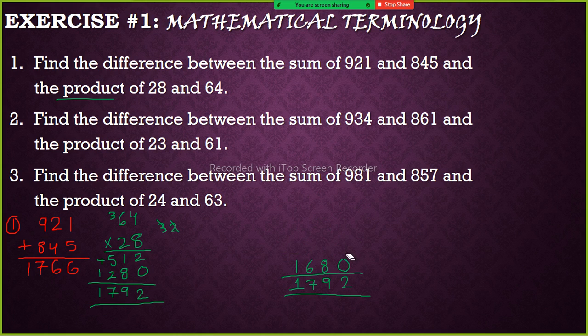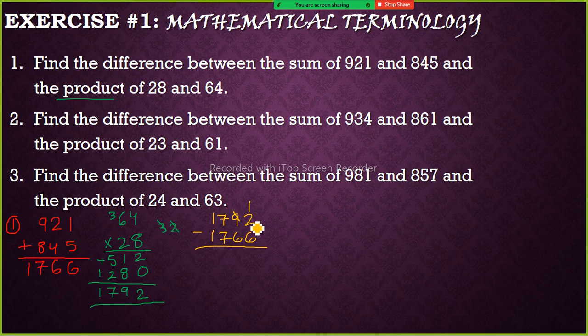Good. Okay, so after we do that, we have to what? Subtract, right? Yes, sir. So we have 1792 minus 1766. Okay, so that'll give us what?